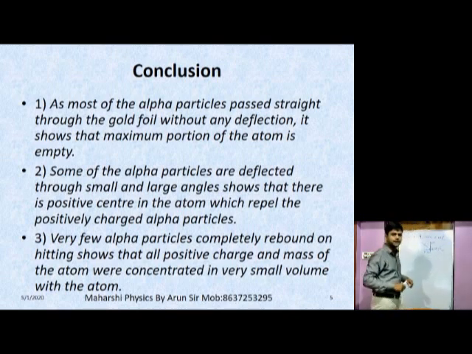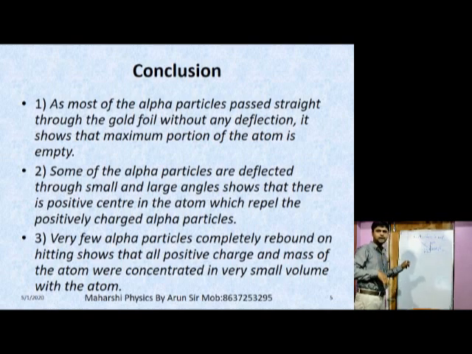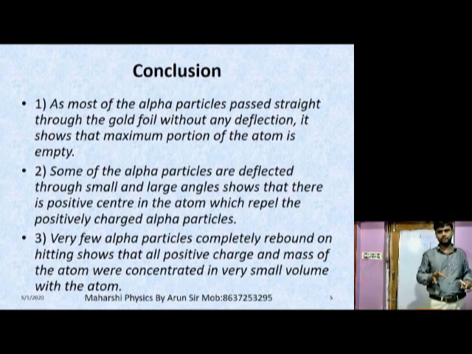Then the second point is, since some alpha particles are scattered, that means they must be repelled by some positively charged object situated inside the atom, since alpha particle is positively charged. Clear?